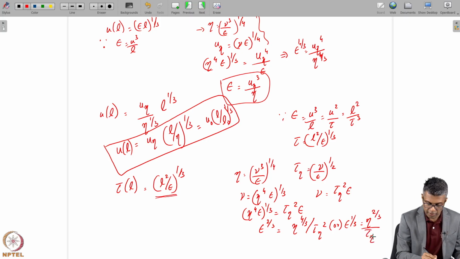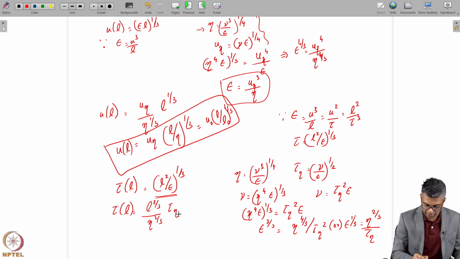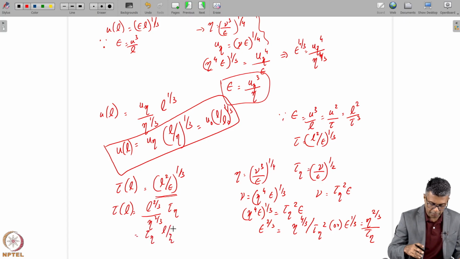I will substitute that here. So tau of L is L^(2/3) divided by, instead of epsilon^(2/3), I will write this as eta^(2/3), and then I have a tau eta. That's it. So then I'll have this as tau eta times (L over eta)^(2/3).